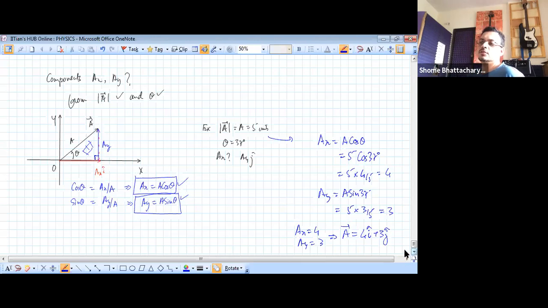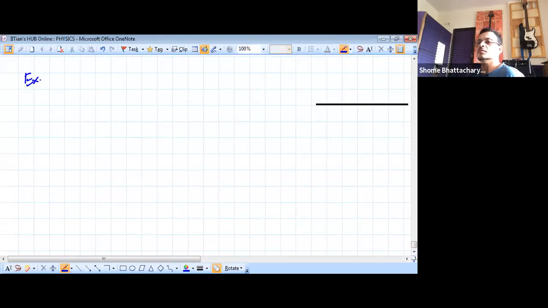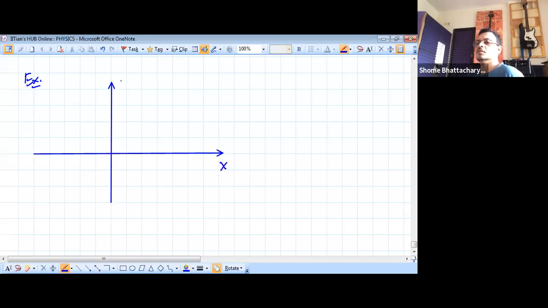So let's quickly look at one more example of this. Now in this example, you have to be careful, because the vector that I am showing is going to be like this.